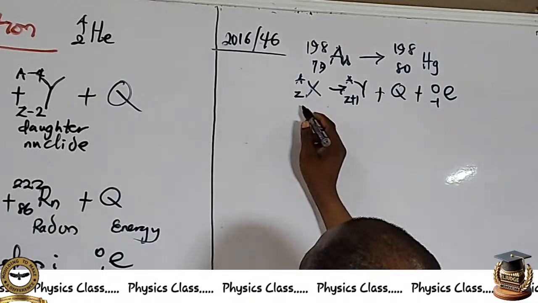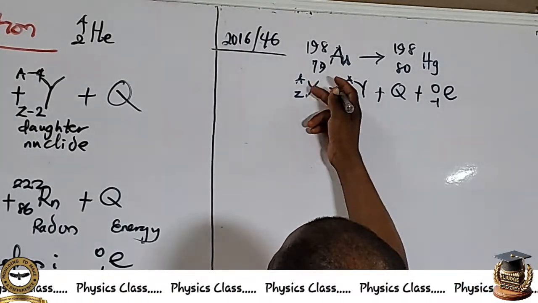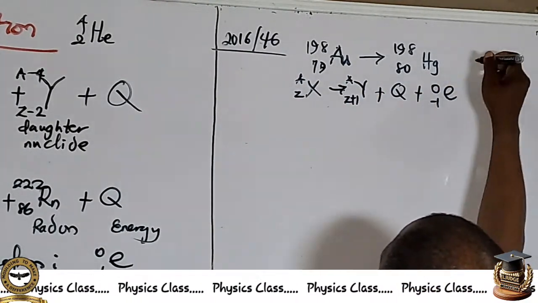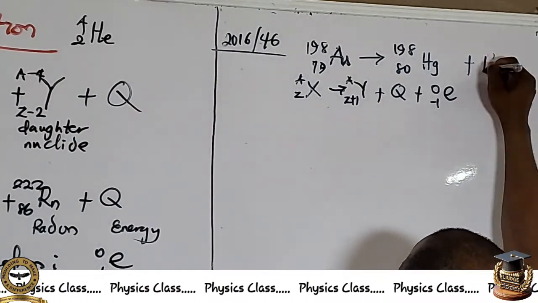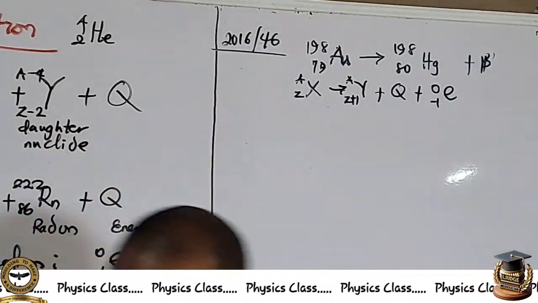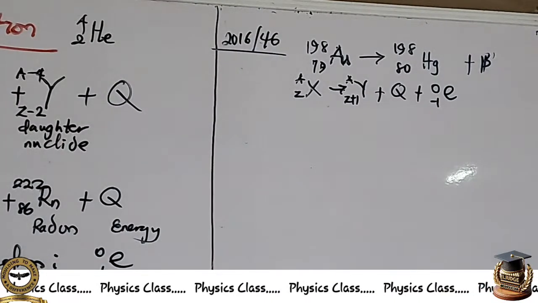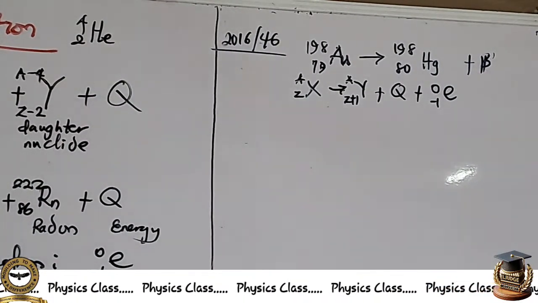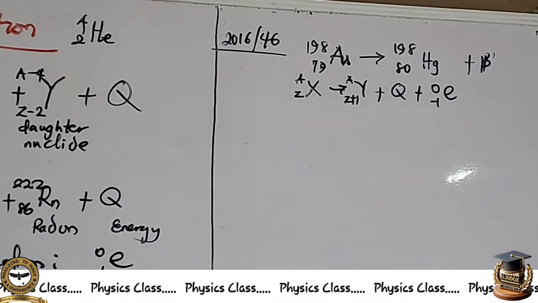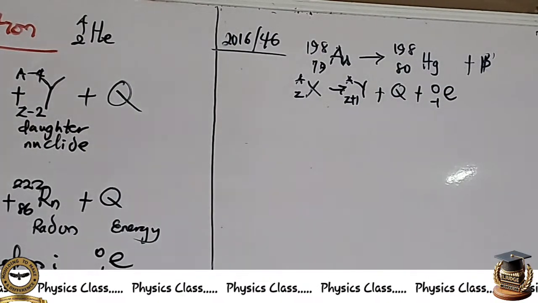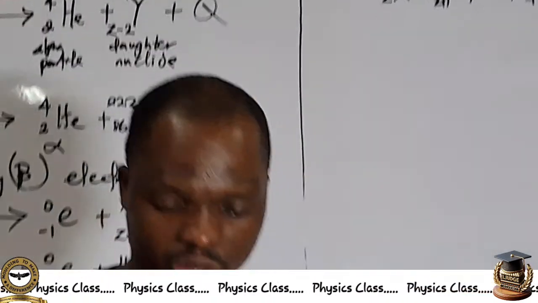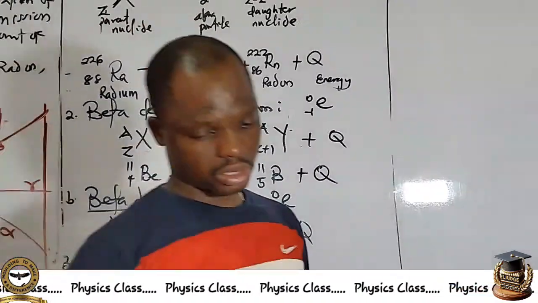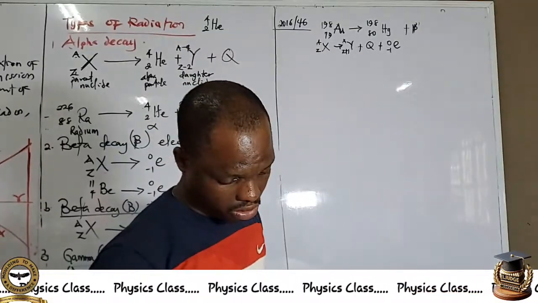So we can say 198. The only thing that has been lost here is a beta particle. That's how to find out those things. So they are very, very simple questions. Once you understand these formulas here, then you do not have a problem.